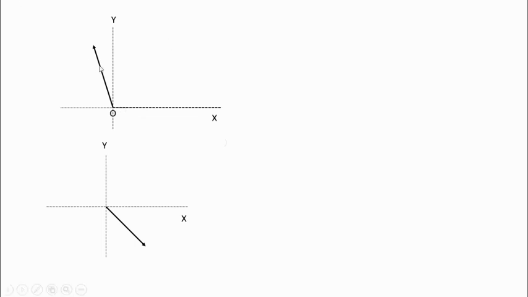So we could determine the angle that the vector makes with the positive y-axis, or with the positive x-axis, or with the negative x-axis, etc. We could determine the angle that this vector makes with the positive x-axis or with the negative y-axis, depending on which angle you choose to specify. We could use the x and y coordinate system as reference directions to specify the direction of a vector.